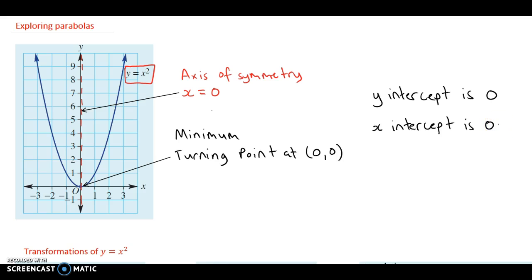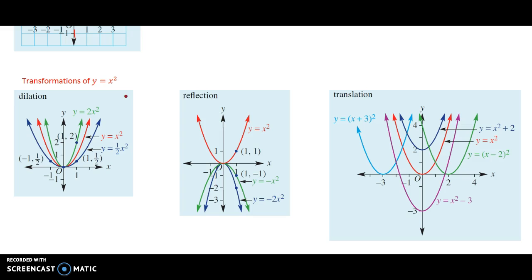So those are the key features. We've got the turning point, whether it's a minimum or maximum, the equation of the axis of symmetry, and the x and y intercepts. Now let's have a look at a few different transformations that can be applied to that basic parabola of y equals x squared.